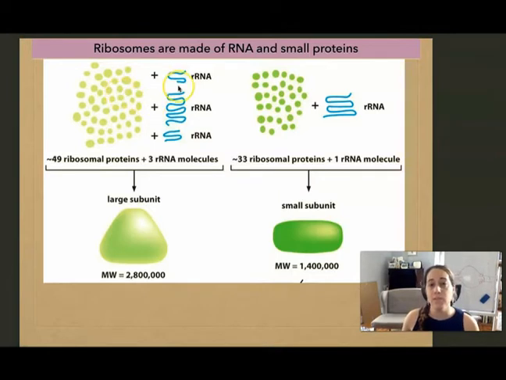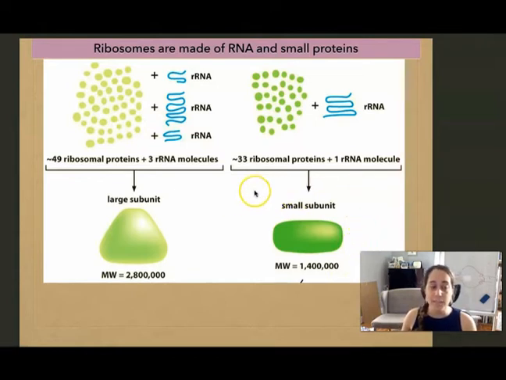And ribosomes are made mostly of ribosomal RNA. So again, RNA that's transcribed the same way that mRNA is, but it is folded so that it has a 3D structure. And in addition, there are some proteins that associate with this rRNA to help them stay folded. There are two parts of a ribosome, the large subunit and the small subunit, and that is true also for all domains of life.